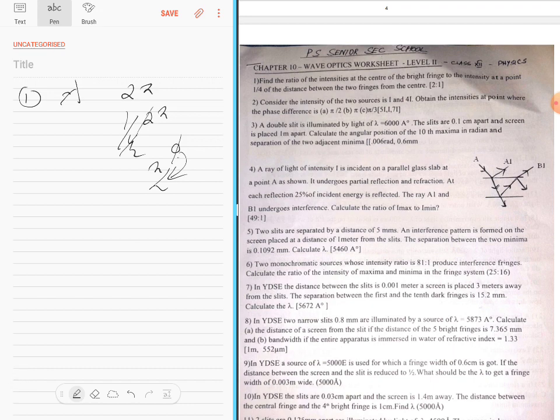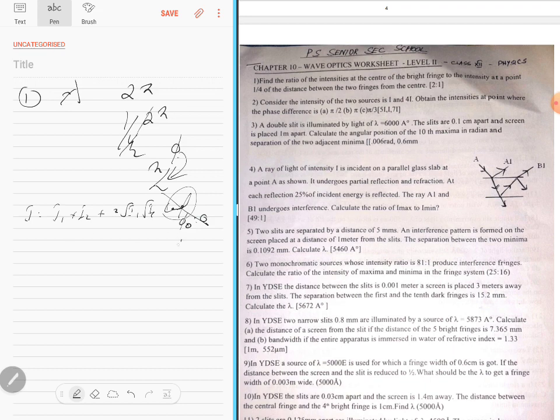So once I know the phase difference has to be pi by 2, the ratio of the intensity of the bright fringe at its center. Say, if you're going to calculate at the center, I is equal to I1 plus I2 plus 2 root I1 root I2 cos phi, and at the center it will be central maxima where phi is equal to 0.